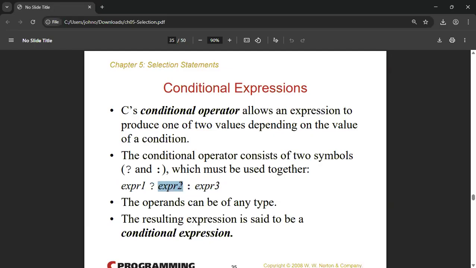These two expressions must be expressions with values that can be calculated. This usually is a variable. Actually, everything can be expressions, but we can just assign to a variable.